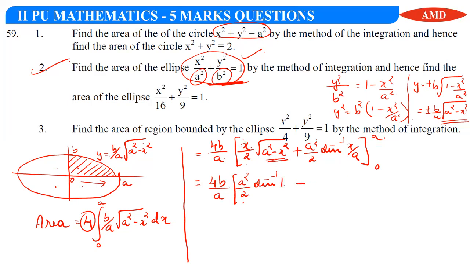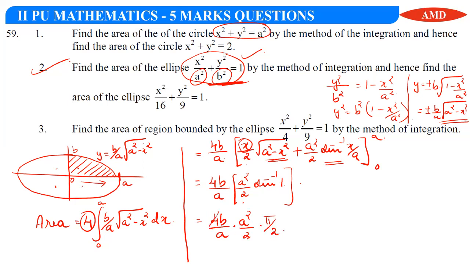If you substitute x as 0, the whole thing is going to be 0. Even here, if you substitute x equals 0, this is going to be 0. So I'm not going to substitute it here. So what we have now is 4b by a into a square by 2 into pi by 2.